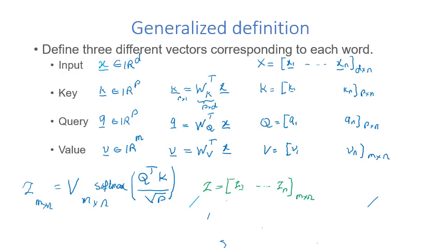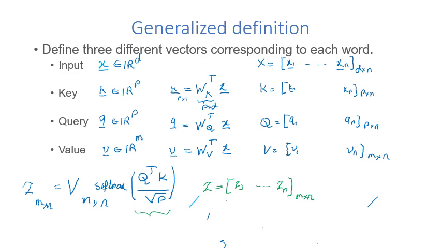So that was basically attention, which, as I said, you can compute for self-attention, or you can compute for attention between encoder and decoder. So it's not bad to think about the meaning of this dot product. So dot product is a measure of similarity between two vectors, right?